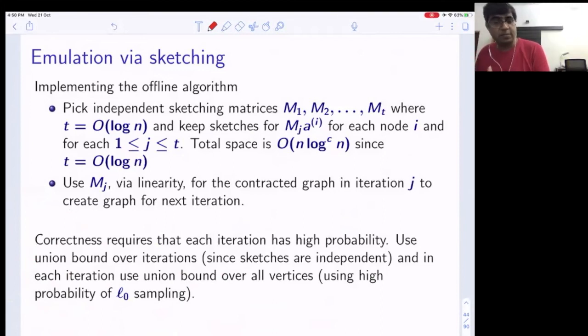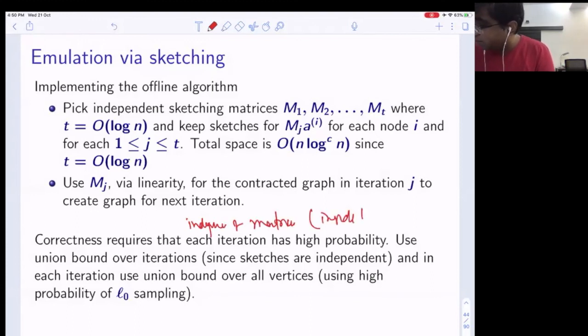Since sketches are independent, in each iteration we use a union bound over all vertices, using the high probability of L0 sampling. So across the rounds, you use independence of matrices, and inside a round, you use the union bound for L0.